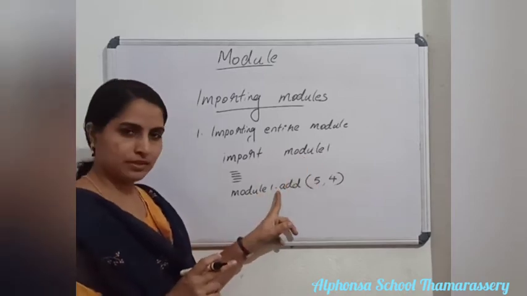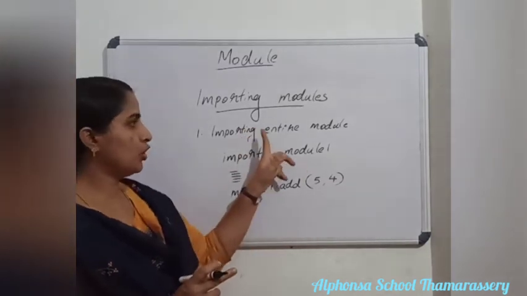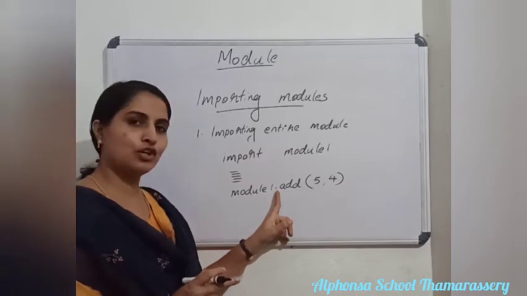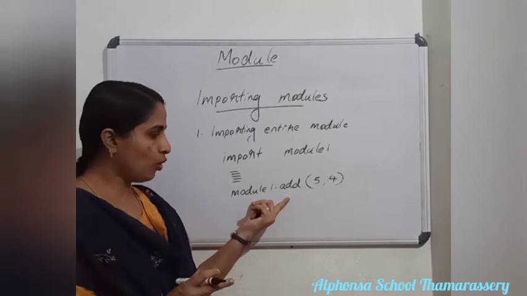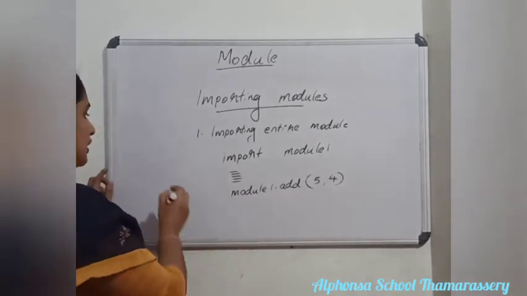And here I use an operator dot, and while importing the entire module to your program, you have to specify this dot operator. Using this dot operator while calling the module elements is called the dot notation.